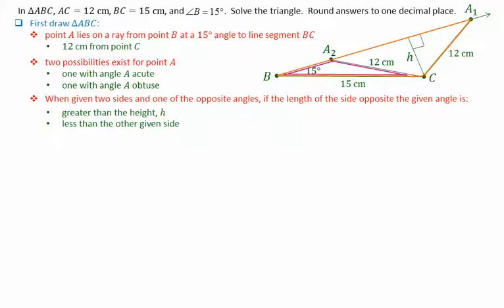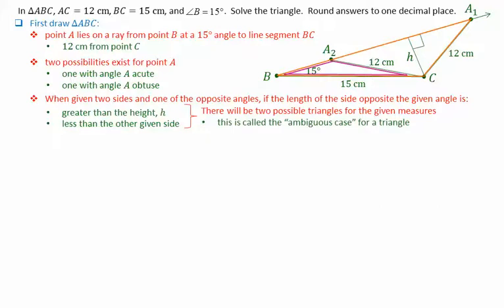In this case, the 12 is in fact smaller than 15, and it's bigger than 15 times sine 15 degrees. If this is the case, there will be two possible triangles for the given measures. This is called the ambiguous case for a triangle.